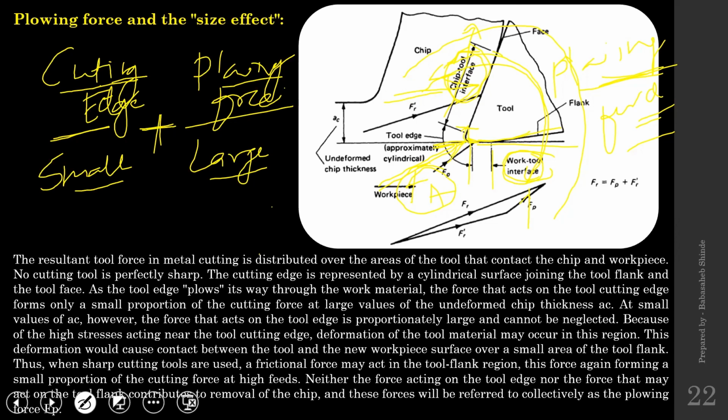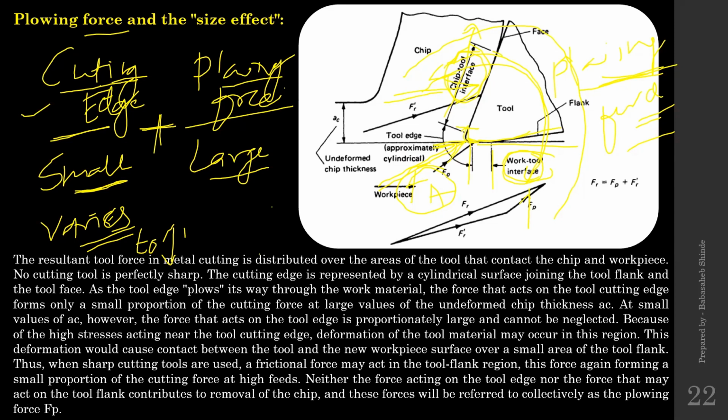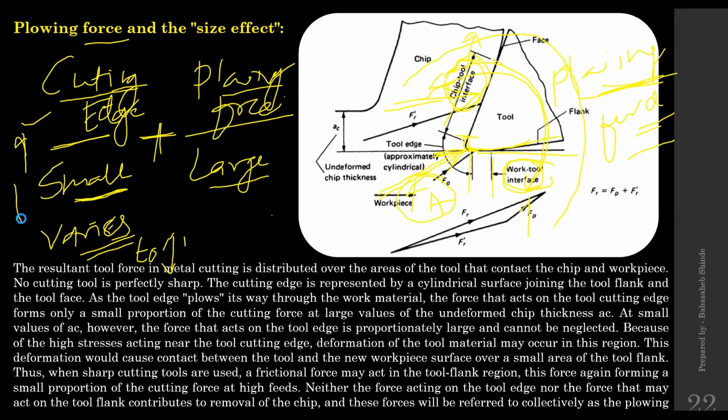Now this force acting on the cutting edge varies according to machining. When you increase or decrease the depth of cut, this force component acting on the cutting edge is going to increase or decrease. If you increase the depth of cut, this will increase. If you decrease the depth of cut, this will decrease.